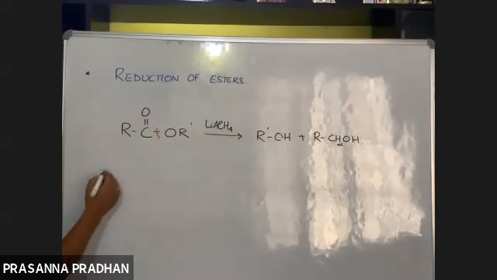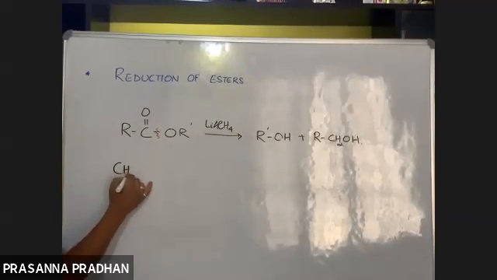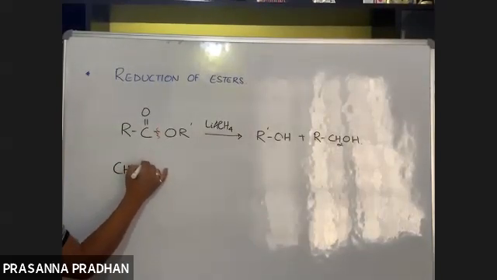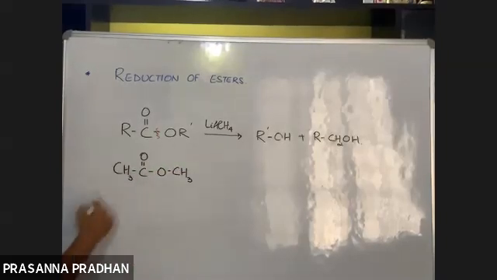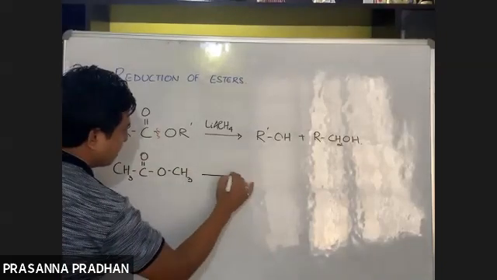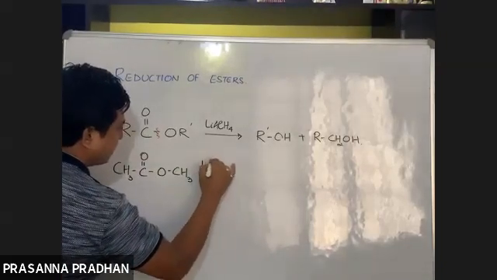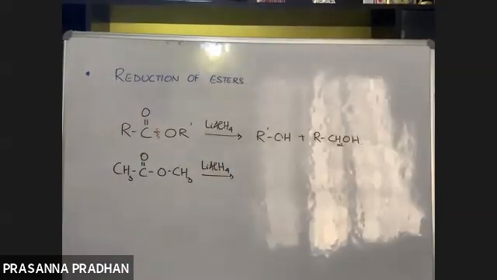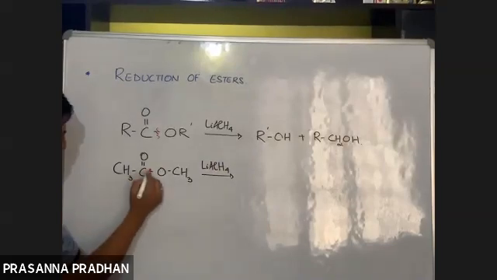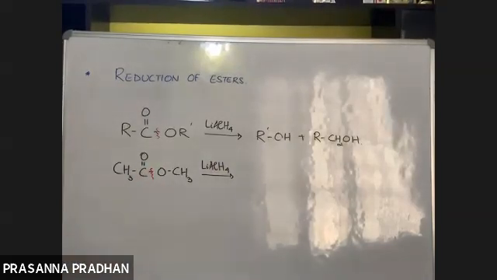For example, say methyl acetate. What is the name of this compound? Methyl acetate. With lithium aluminium hydride, we have reduction of esters. So where will the bond cleavage occur? Out here. So what do we get?